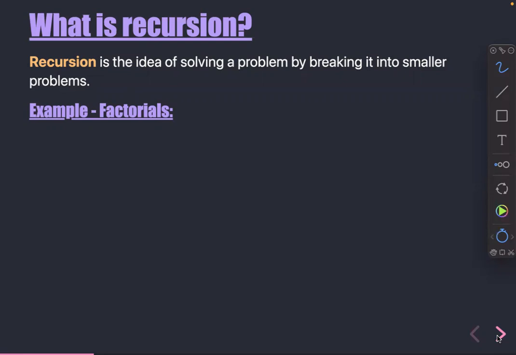Remember that the definition of n factorial is n times n minus 1 times n minus 2 times all the numbers down to 2 times 1, right? So that's n factorial.